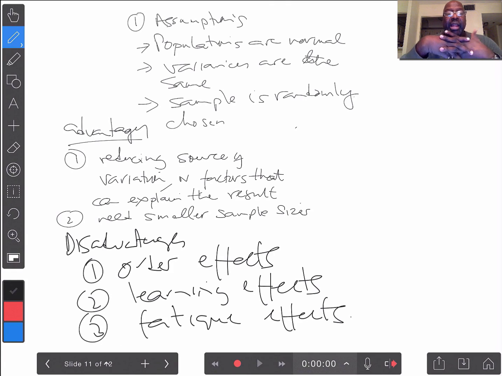How can you eradicate those? By going back to a completely randomized design, but then you have the disadvantages of the fact that you have other factors that may explain the outcome that you see. So you kind of have to balance those two things. So in terms of order effects, to minimize it, you could randomize the sequence among the different subjects that you have in your experiment.